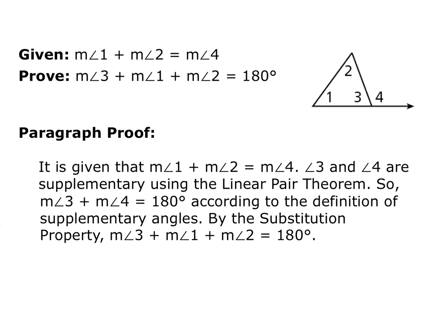Reasons could be that it's given, a certain property, a certain theorem, a certain definition, a certain postulate. So in that first sentence, see the word given? That's the reason. Okay? So it is given, that's the reason. The statement is angle 1 plus 2 equals 4. And where did that come from? Right up here. It was given.